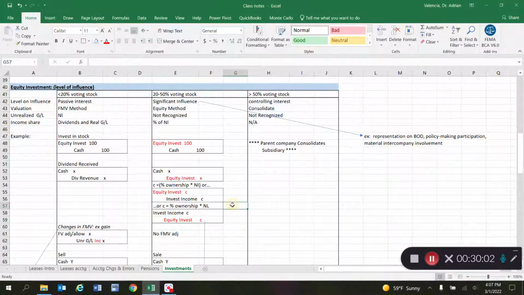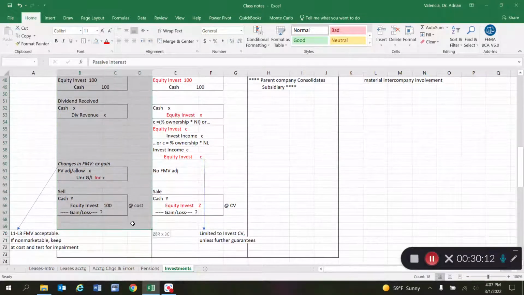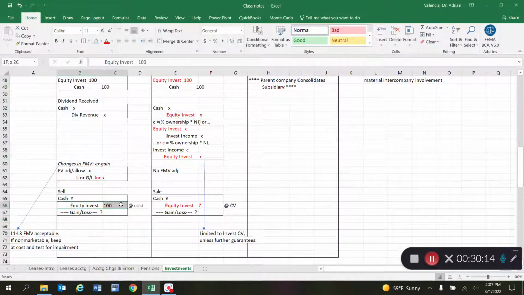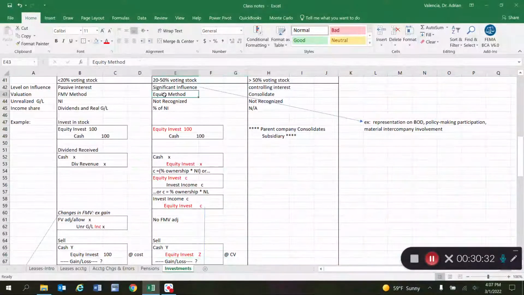Now, the carrying value of this equity investment is not going to be cost. You know how under the passive interest method, when we later sold that equity investment, it came out at cost. Well, when we later sell this equity investment, if we choose to sell it, it'll come out at the carrying value, and the carrying value is determined using the equity method.